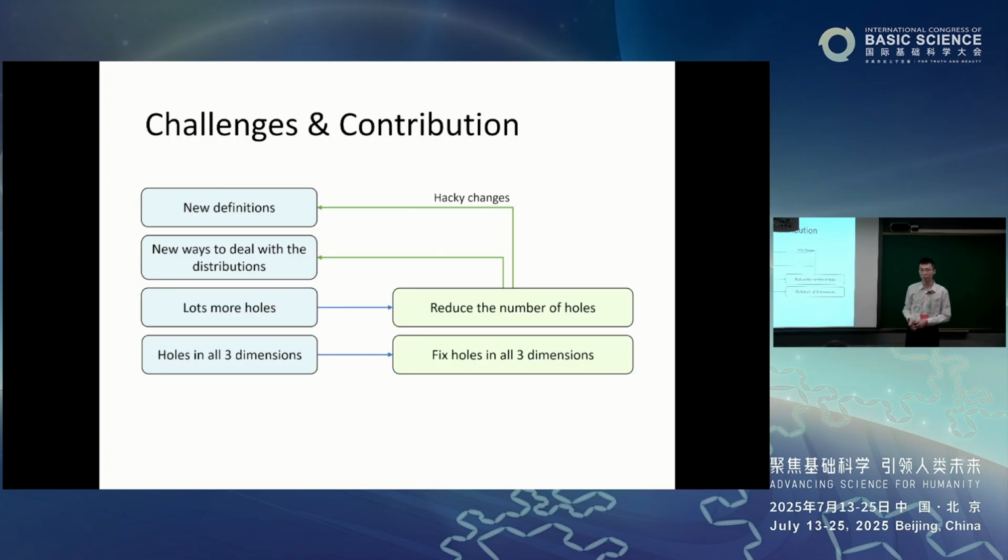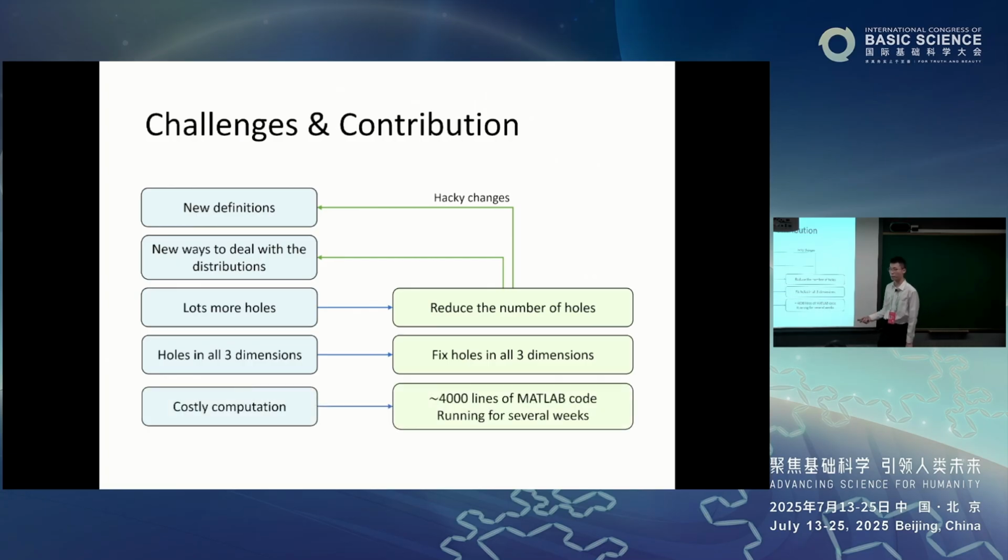But those fixes again made hacky changes back into the definitions, which made every other step in this algorithm much more complicated. And finally, remember that all of the recent bounds on omega were computer assisted, so we needed to write computer programs to calculate the bound. And because our algorithm and analysis were much more complicated than previous papers, the computation becomes a real challenge.